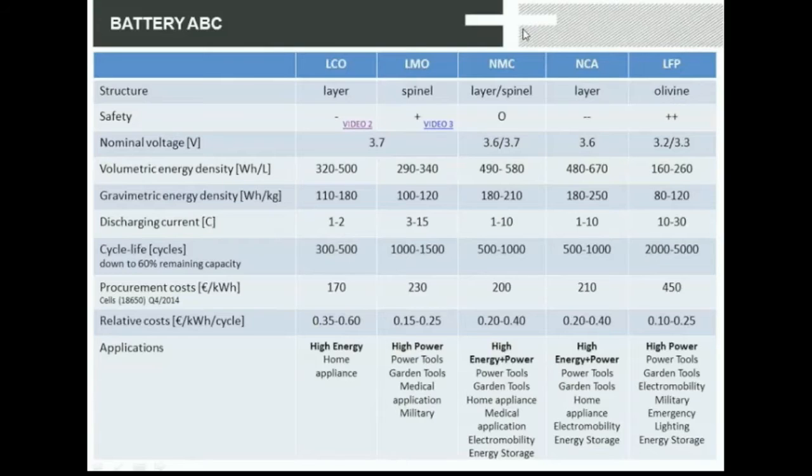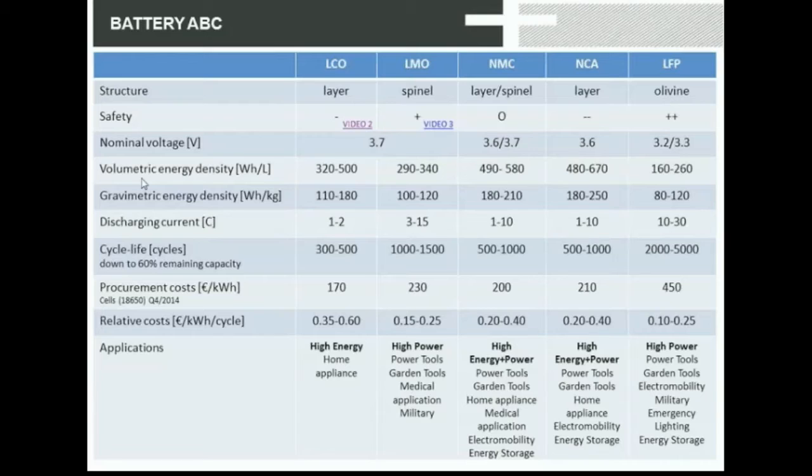We have manganese types around, cobalt, aluminium types here, manganese and nickel manganese cobalt, some kind of mixture. They all differ when it comes to nominal voltage, volumetric energy density, and gravimetric energy density. Those technologies differ when it comes to discharging and charging currents. The cycle life is different. Of course, the manufacturing costs are different as well.